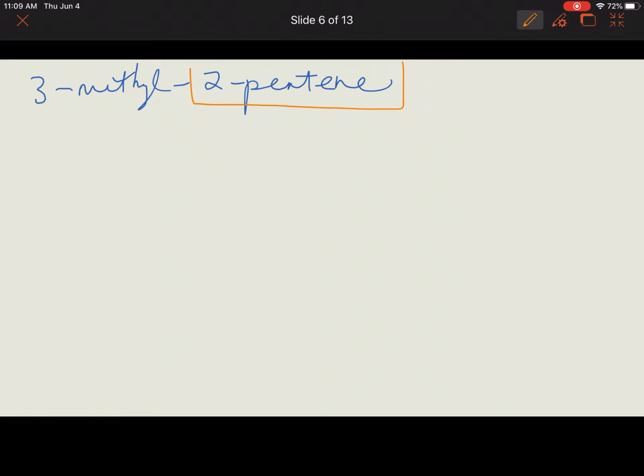So you're going to draw 5 carbons in a row. So 1, 2, 3, 4, 5. You know the double bond is on carbon 2, so that tells you it's between carbons 2 and 3. Next, you're going to look at your methyl group here, your radical. And on the 3rd carbon, you're going to have a methyl group.